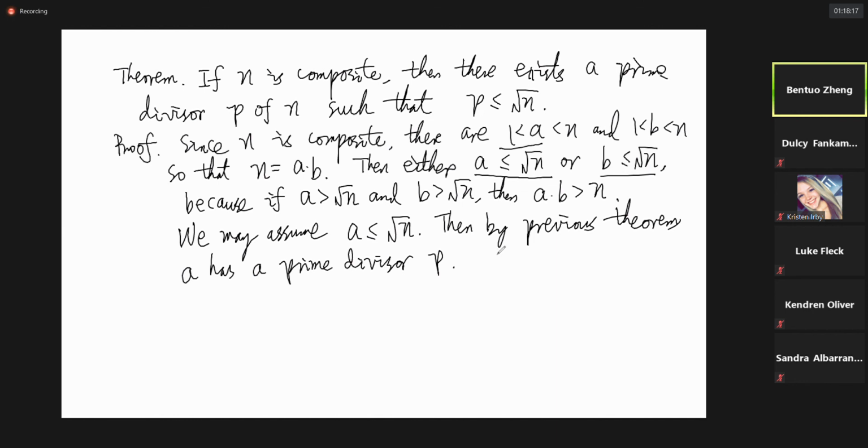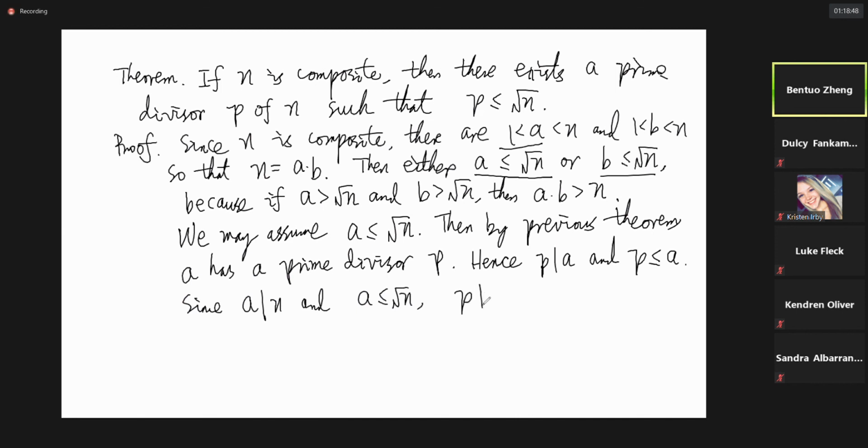Now, since both a and p are positive, hence we have p divides a, and p would be less than or equal to a. Now, since a divides n, and a is less than or equal to root n, so we know that p divides n by transitivity, and p is less than or equal to root n.